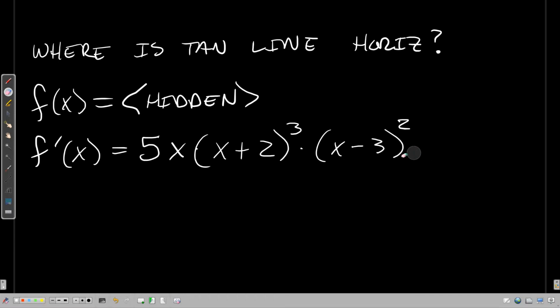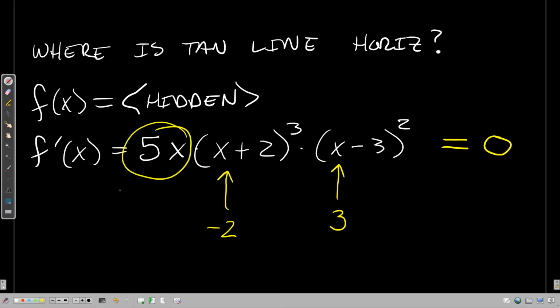Well, look, y'all, that just means that this expression would be 0 for some x. So you are supposed to consider, where does this thing be 0? Now, a lot of you will get that, okay, it's going to happen when x is minus 2. And a lot of you will get that, okay, it's going to happen when x is 3. And then for whatever reason, a lot of people just throw this away.